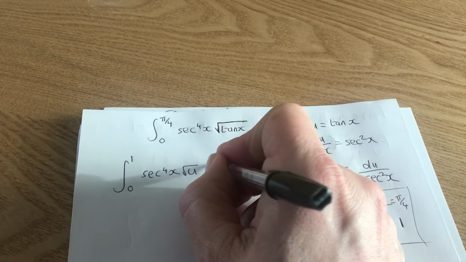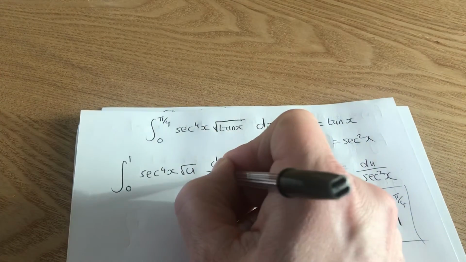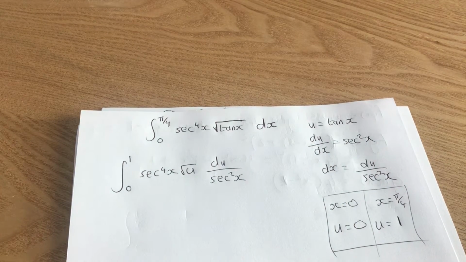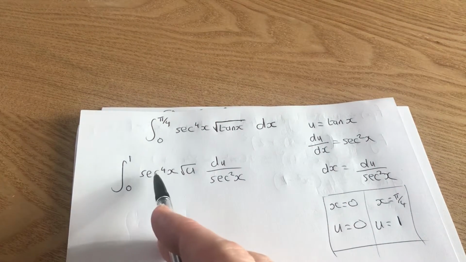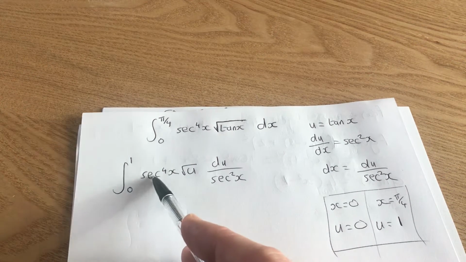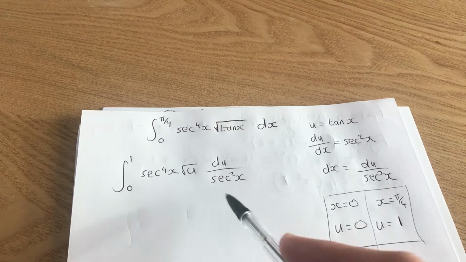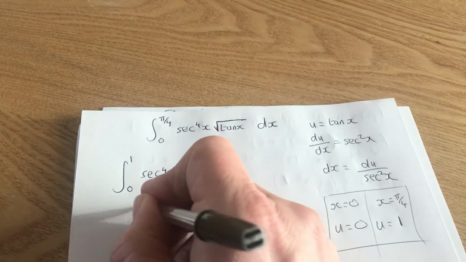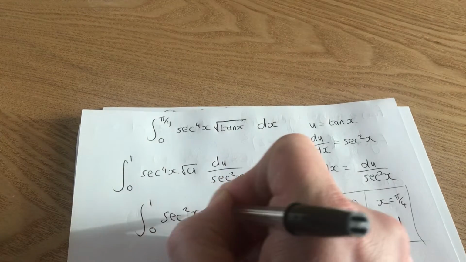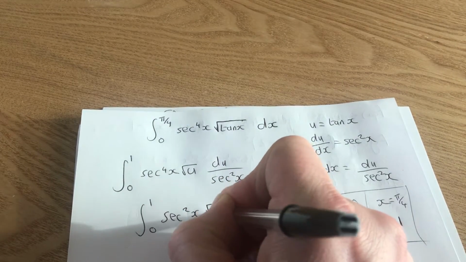Now dx is of course du over sec squared x. As you can see, I've got sec to the power 4, sec squared. That's sec squared squared, so we're going to get a bit of cancelling out here. Sec squared x, root u, du.